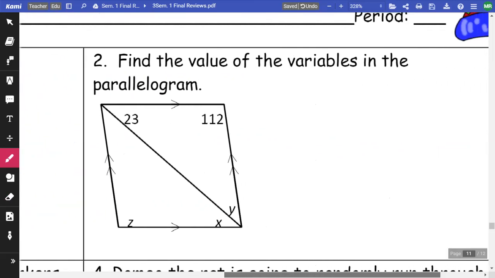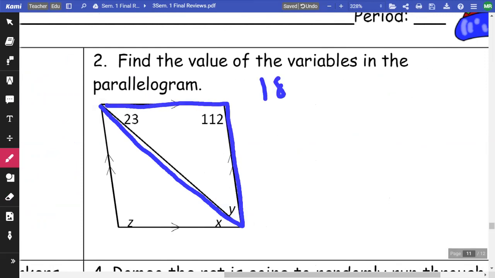Okay, so on this one, we want to find the value of the variables in the parallelogram. So first off, this y here is in a triangle. So here is this triangle.